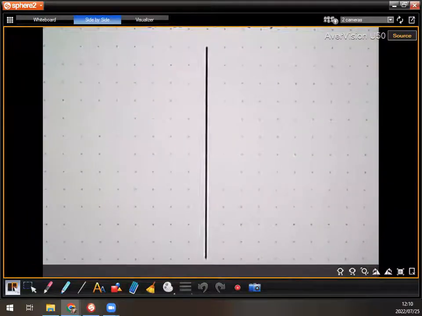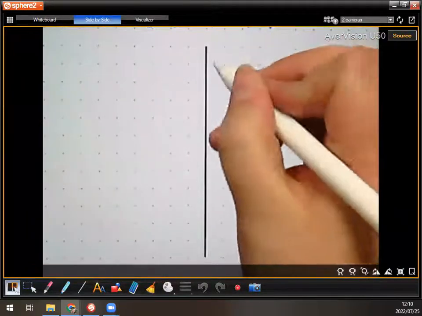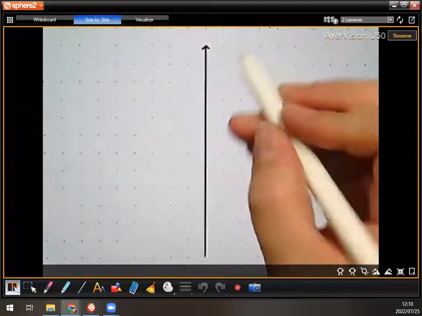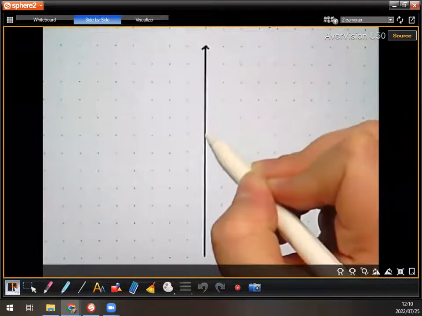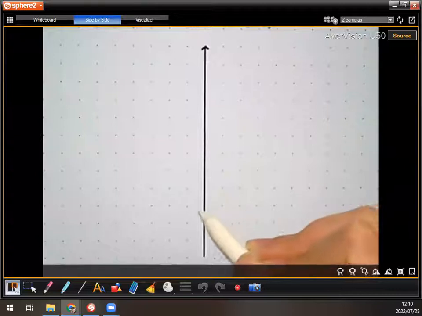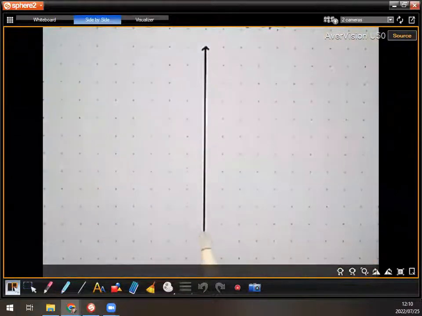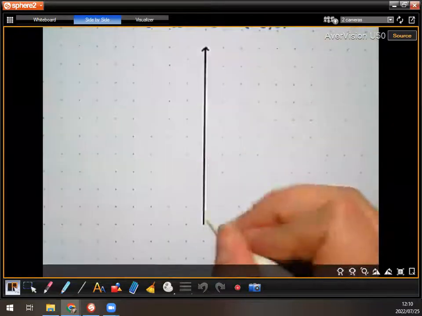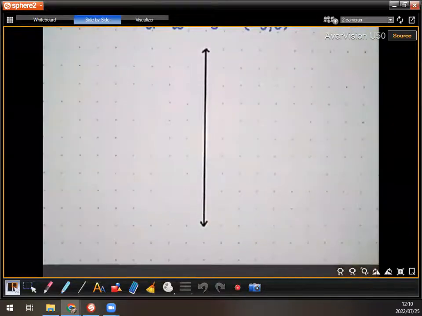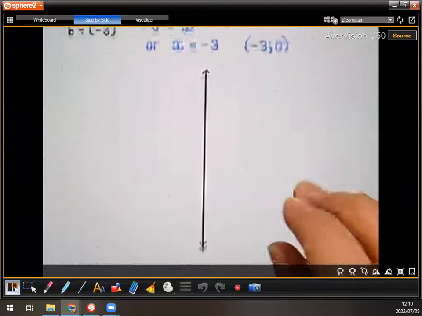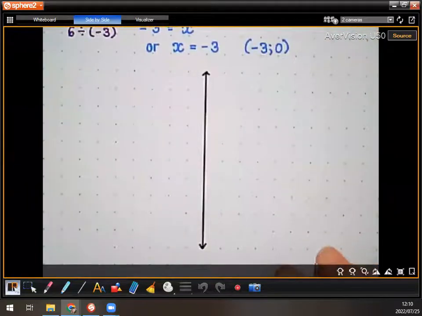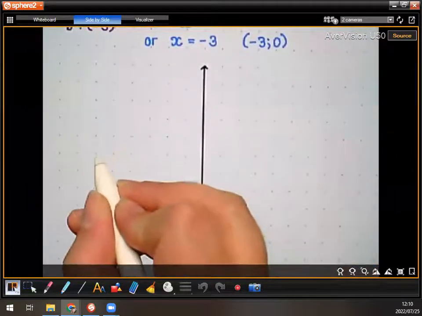So maybe go up to like 5 and 5 at the bottom. And then for our x-axis, we need negative 3.